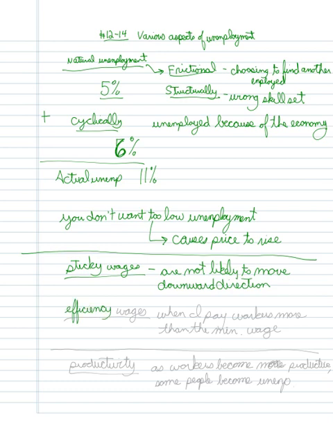Also, unemployment can be caused by efficiency wages. Efficiency wages are when I pay my workers more than the minimum wage.